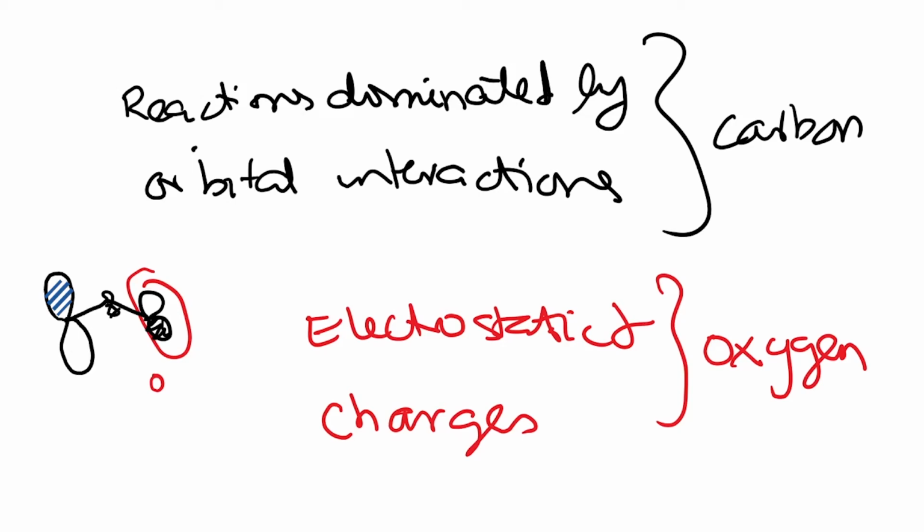One important difference is that the oxygen, being electronegative, has the greater charge on it, and so reactions which are dominated by charges, by electrostatics, actually occur at the oxygen, whereas reactions which are dominated by orbital interactions occur at the carbon, because the HOMO of the enolate has a larger lobe at the carbon.